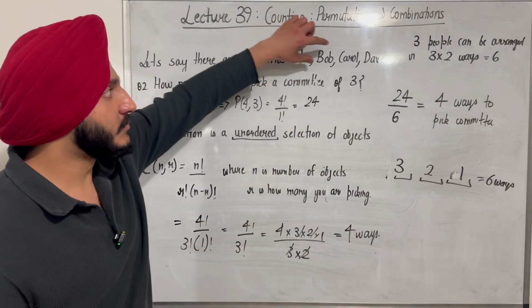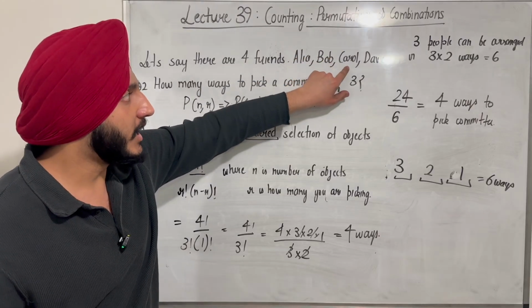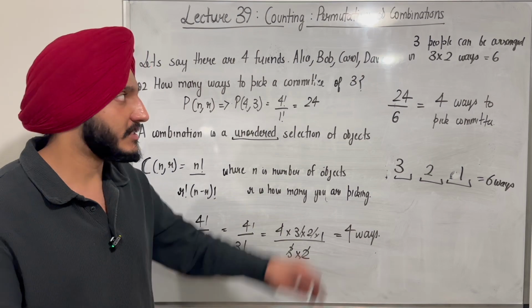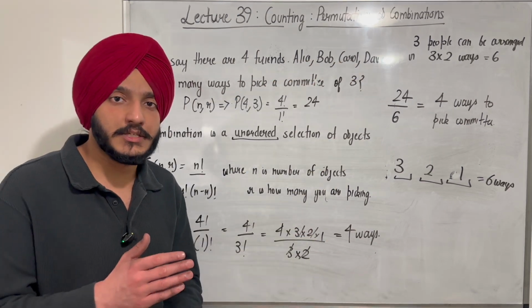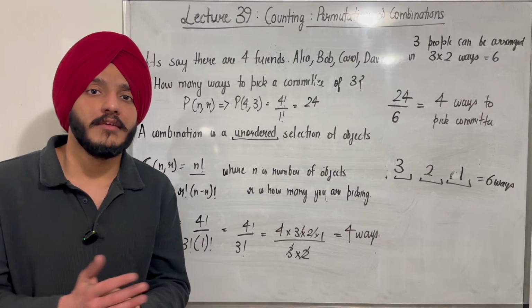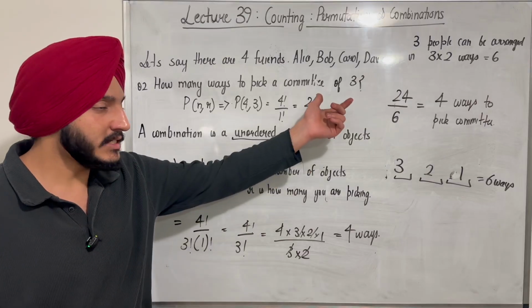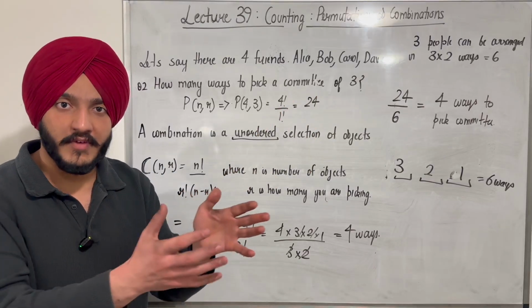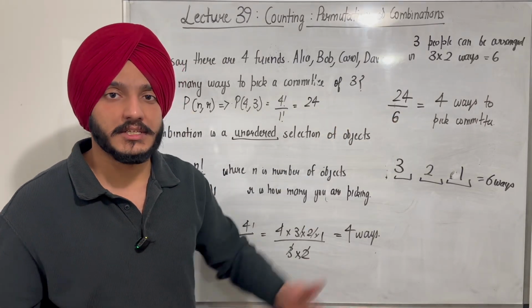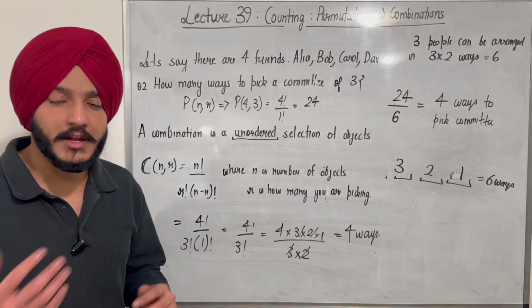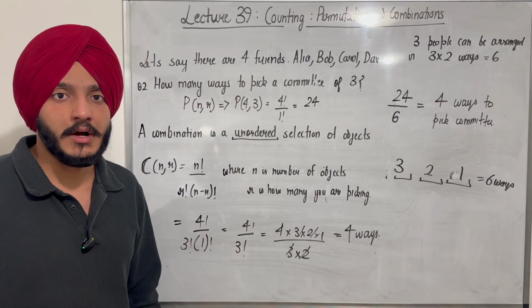So if I picked Alice, Bob, Carol, they can be arranged in 6 ways. If I pick Bob, Carol, Dave, they can be arranged in 6 ways. Same way, I can pick any 3 of them, they can be arranged in 6 ways, and that's why the count was 24, which is 6 plus 6 plus 6 plus 6, right? But in this case, we don't care about the order when the committee has been made. That's why we had to divide it by the value of 6, right? I'm sorry if I'm explaining it multiple times. It's just that I'm trying to make sure that everybody understands what I'm trying to do.